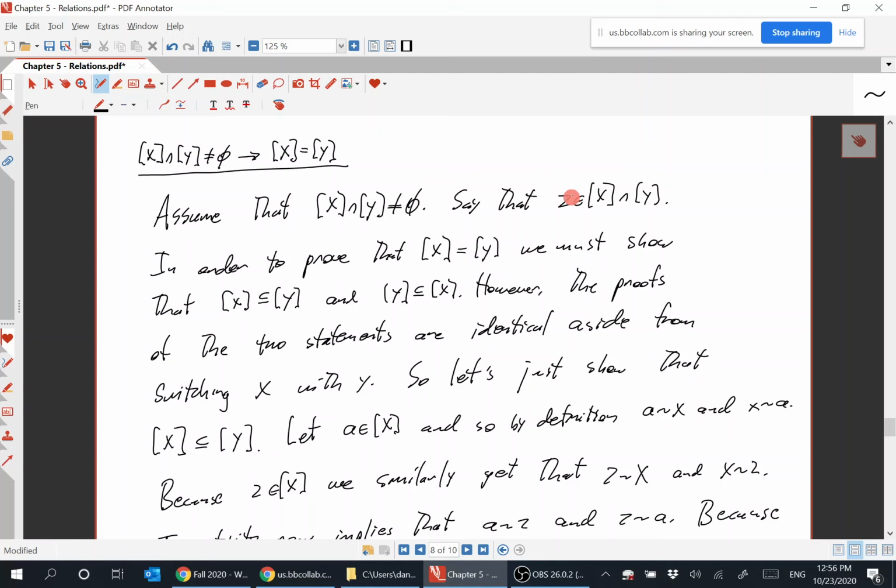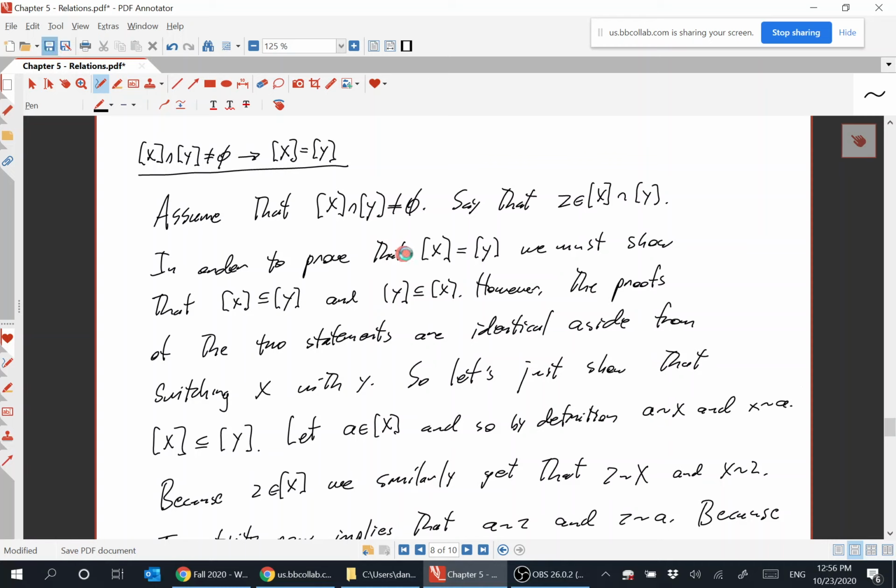That is, there's some element Z in bracket X intersect bracket Y. You can't assume that element is anything in particular. When there's an existence statement, there's nothing you can really assume about that element that exists. You can try proving stuff about it, but there's nothing off the top that you can really assume.